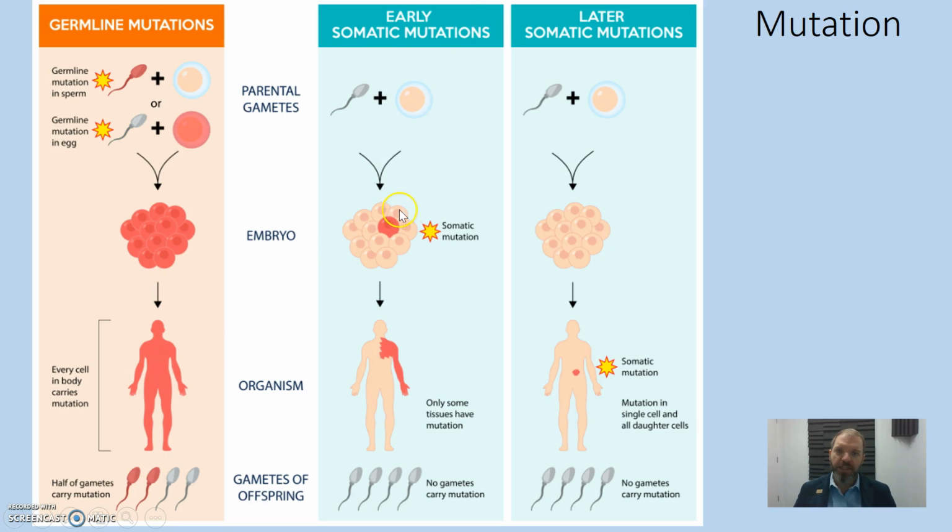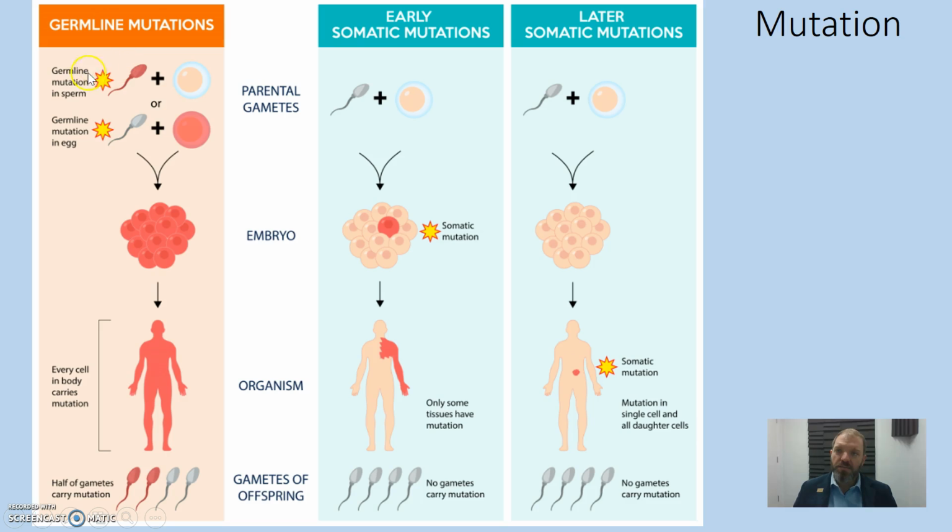Whereas if you have a mutation that occurs in an early embryo or in a body cell in a fully formed organism, that might affect some cells or one or a few cells and could lead to cancer, for example, but has no effect on the gametes of that individual and is not passed on or inherited.